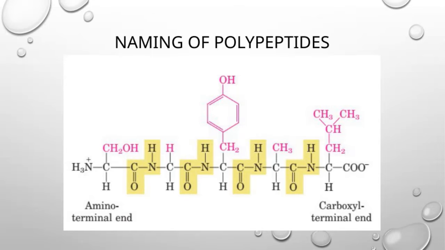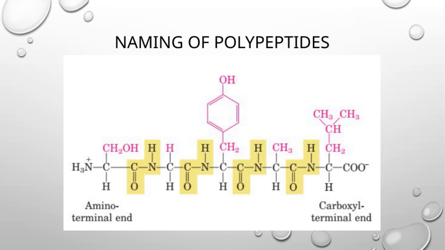Now, let's talk about the naming of polypeptides. When we name these molecules, the key is to identify and name the amino acids that make up the chain. Typically, we use the standardized amino acid abbreviations, which are universally recognized in biochemistry. The sequence of amino acids is written from the N-terminus, which is the start of the chain, to the C-terminus, the end.